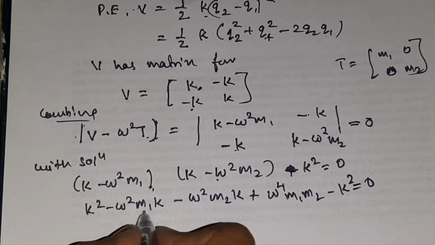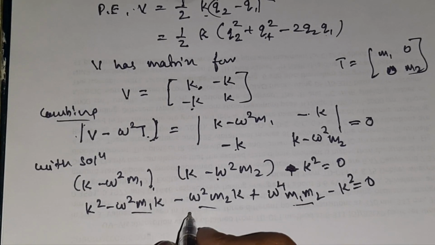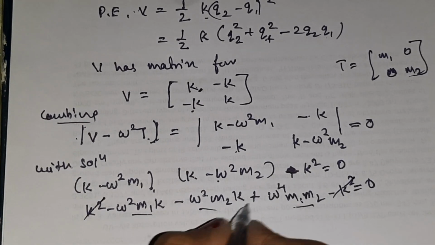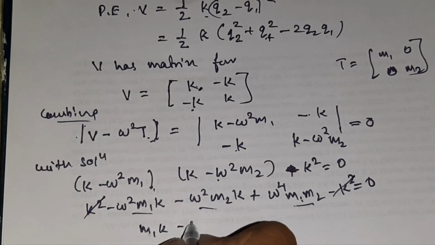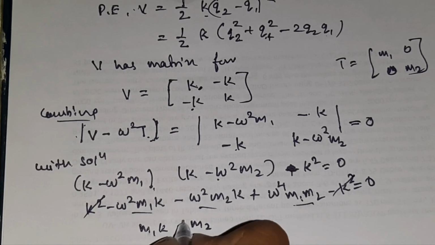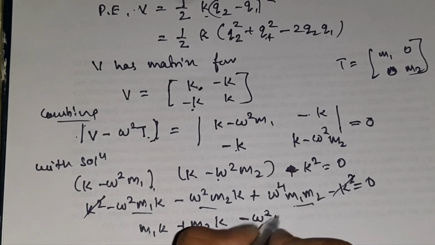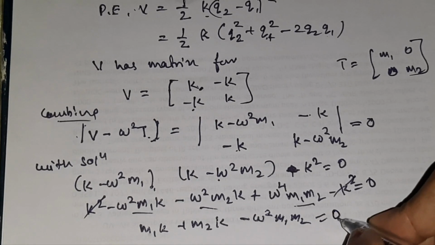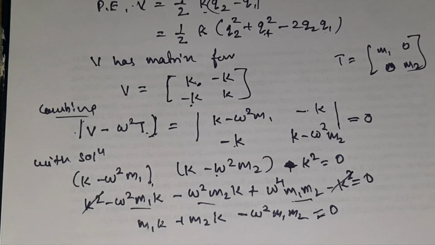If we observe this equation, we can simply cancel the K square terms, and the remaining is minus omega square K into (m1 plus m2) plus omega to the power 4 m1 m2. We can take omega square common and equate it to 0.